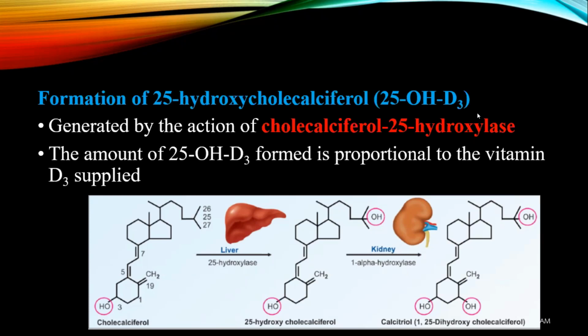after formation of this 25 hydroxycholecalciferol, it again enters the circulation from the liver, and in circulation it again binds with the protein called vitamin D binding protein. So that is the DBP.